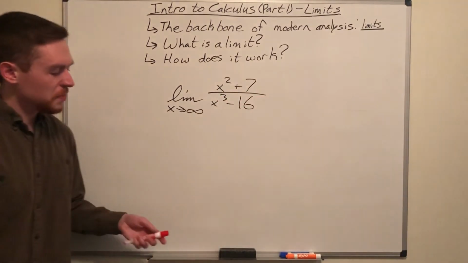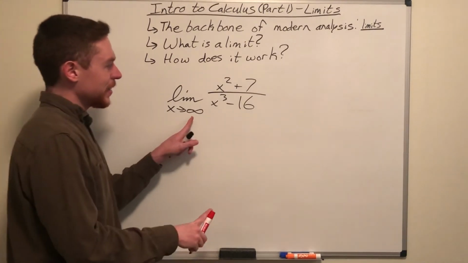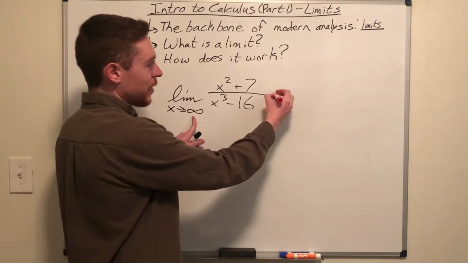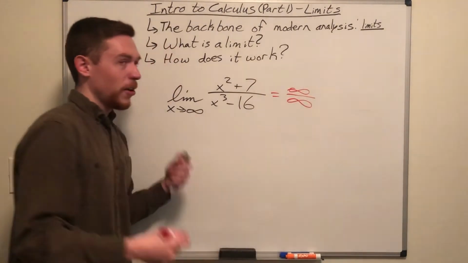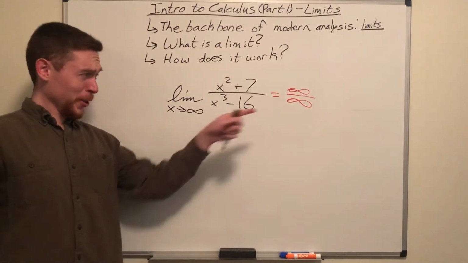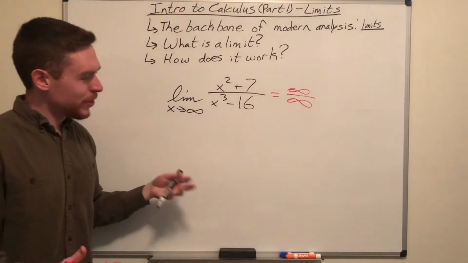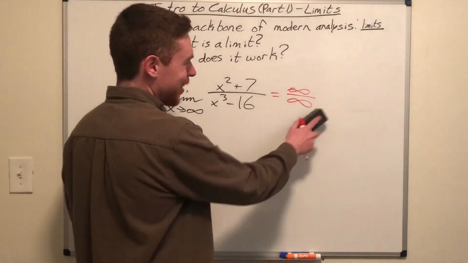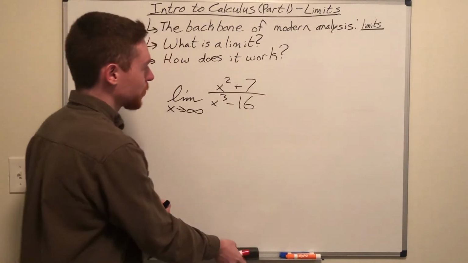Again, if I just naively plug in x equals infinity, I would get infinity divided by infinity. Well, just like 0 divided by 0, that's really weird and can give us literally anything. So we have to be a little bit smarter with how we approach this problem than just naively throwing it in there.